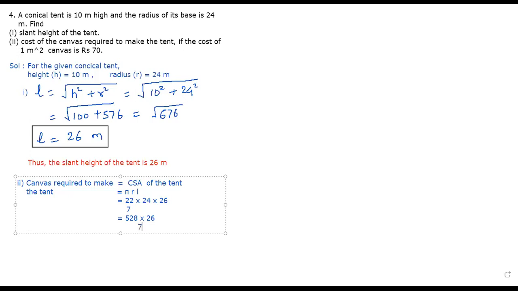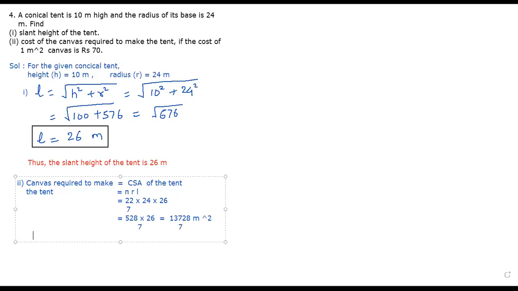Do the multiplications, children, and tell me the answer. 13,728. 13,728. Very good. 13,728 upon 7 meter square. This much is the area of the canvas required.